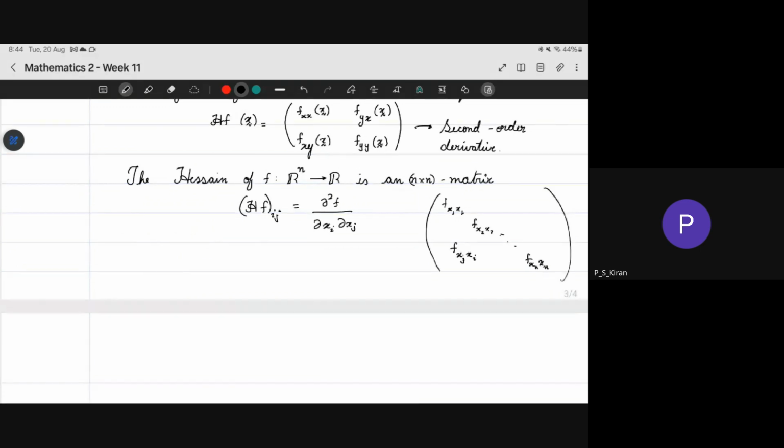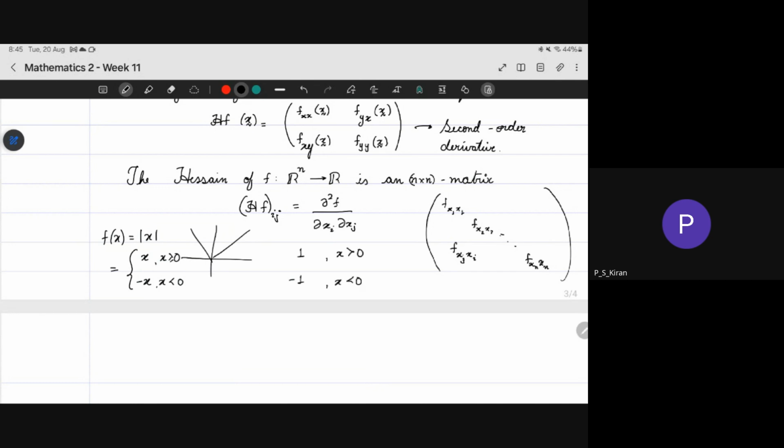Sir, when I Google the same, it says d by dx of mod x is equal to x by mod x. If our function is this, I can write mod x as x for x greater than or equal to 0, and minus x for x less than or equal to 0. Now the derivative of this is 1 and minus 1 on x greater than 0 and x less than 0.